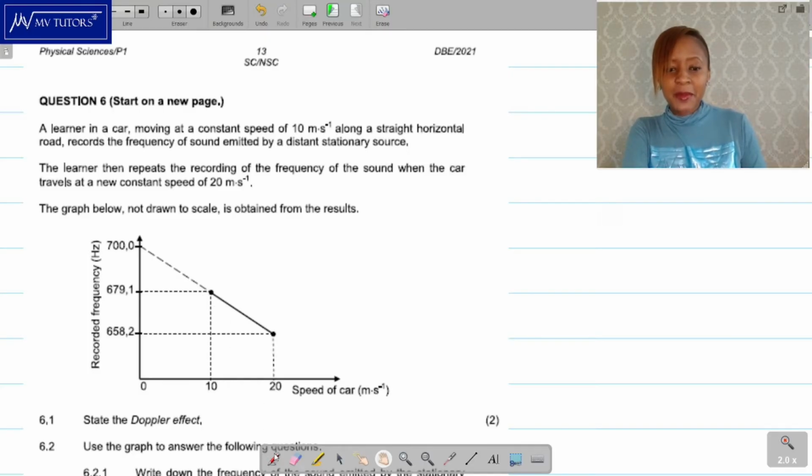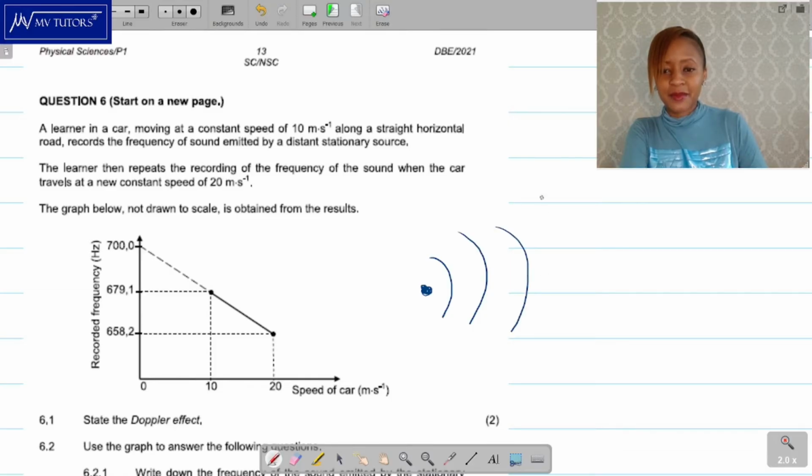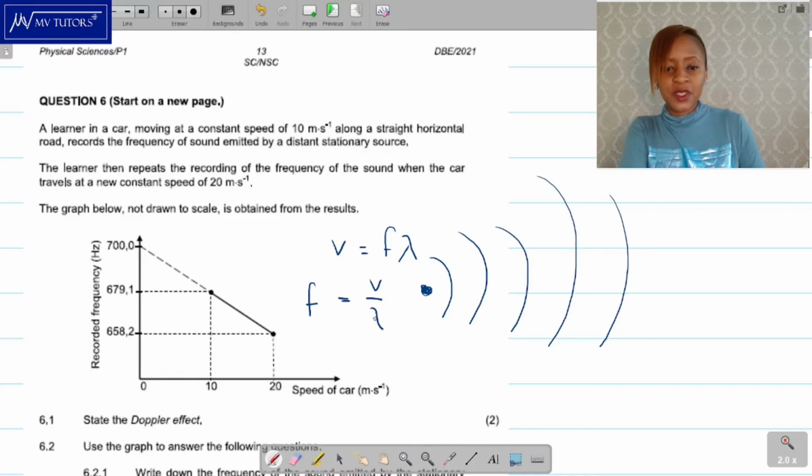Remember, if you have a source of sound and the waves keep getting bigger, let me remind you of this equation. Speed is equal to frequency times wavelength. So the frequency would be the speed over the wavelength.